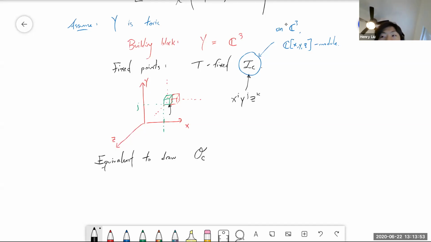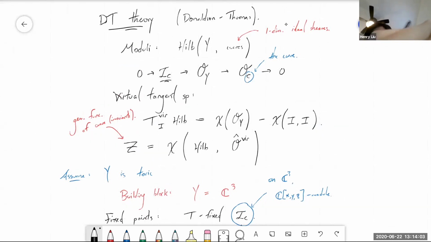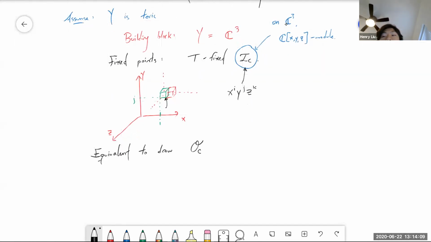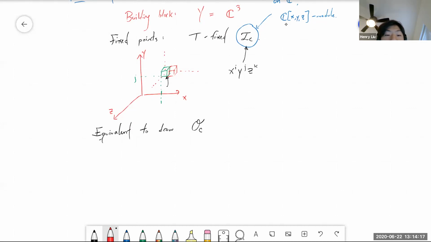Because if you think back to the short exact sequence, the only piece of data we have is either what the ideal sheaf is or what the structure sheaf is, and you're free to draw either one. Either one will specify which point you're at inside the moduli. And if you think about what the structure sheaf is, it's essentially all the boxes which are not in the ideal sheaf.